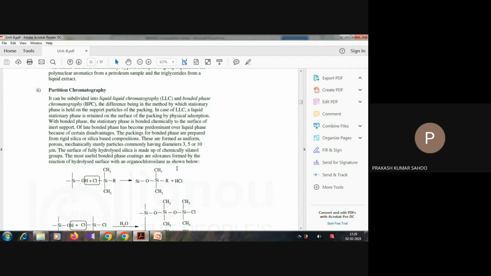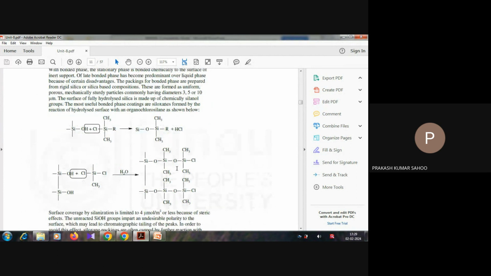In partition chromatography, we have organochlorosilane molecules, which are used as the stationary phase, and it is coated with an inert supporting material. It may be silica or alumina or activated charcoal.